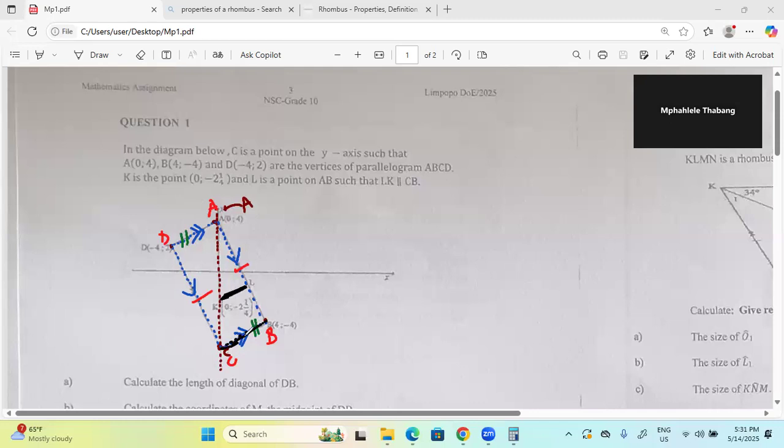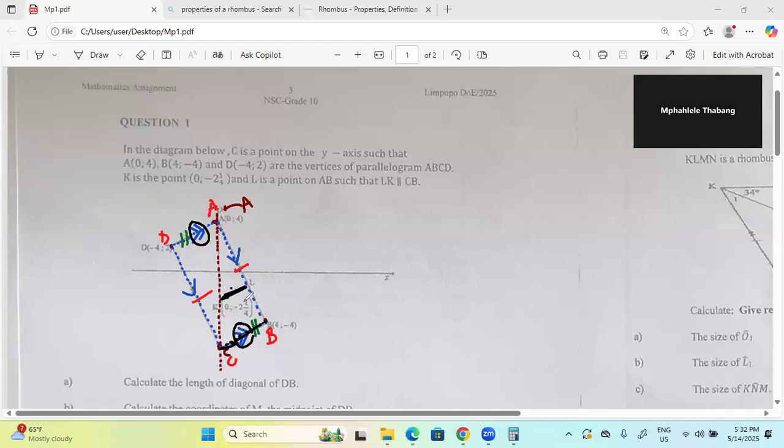And we know that CB is parallel to AD. Remember this symbol here. I was saying CB is parallel to AD, and they are saying LK is parallel to CB. It means all these lines are parallel. Actually, CB is parallel to LK. It's also parallel to AD. All these three lines are parallel.